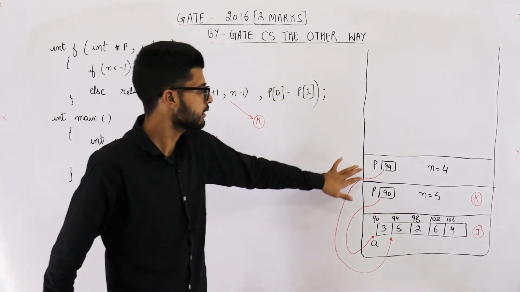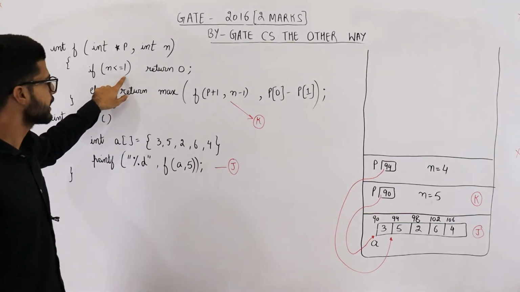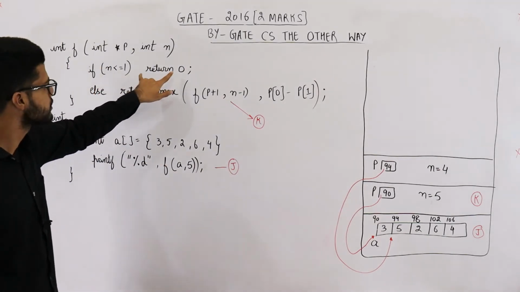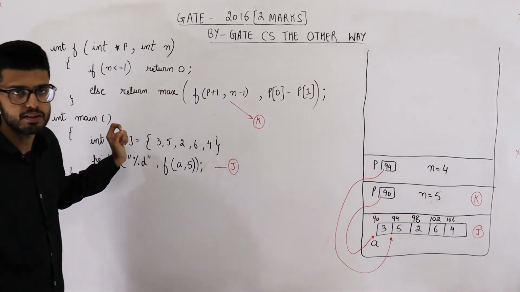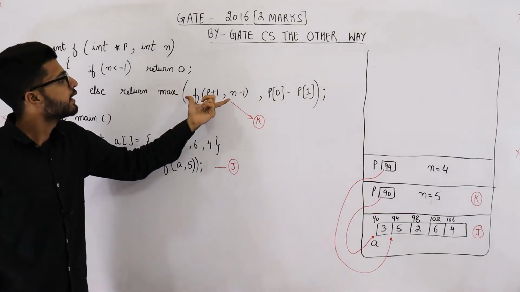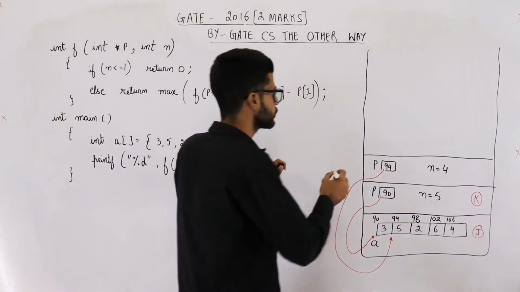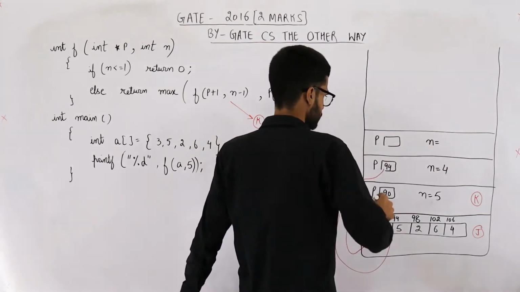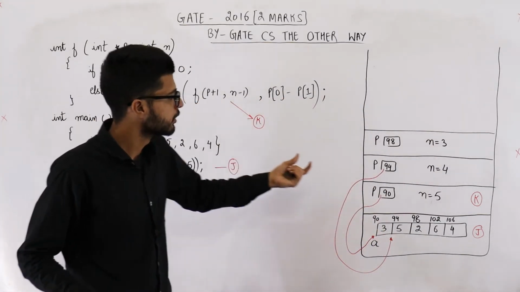Now see, in this new function also, n is not less than or equal to 1. That means return 0 will not be executed. Instead, this else part will be executed. Here also, in this line we are calling a function. So one more activation record will be pushed. So the values that we have passed are p plus 1.